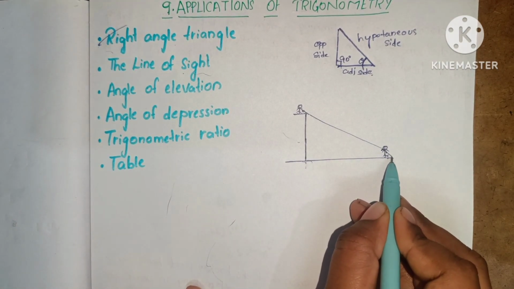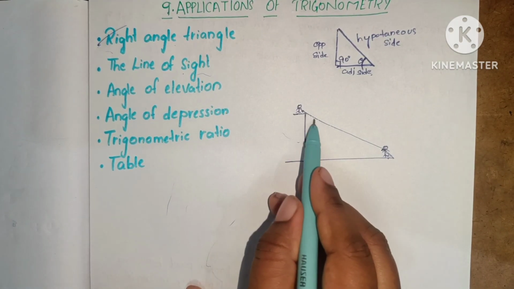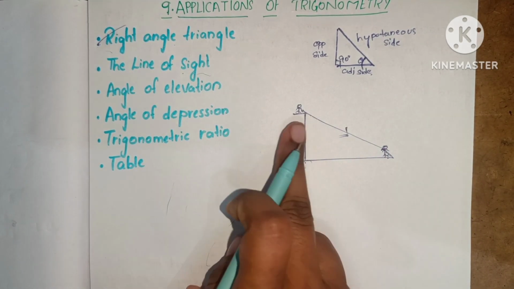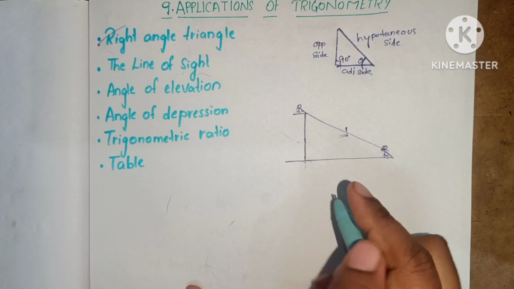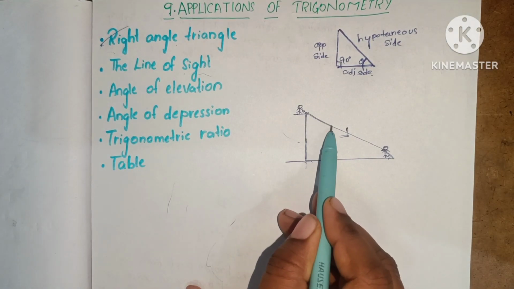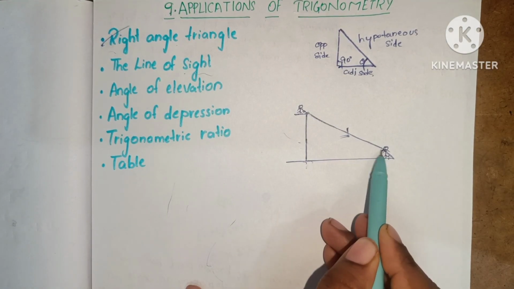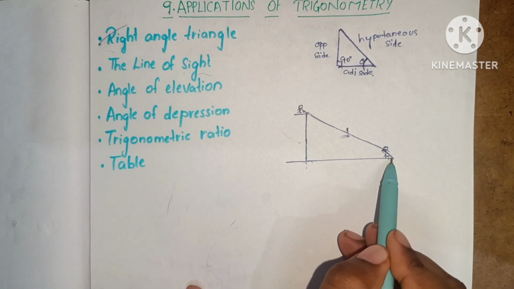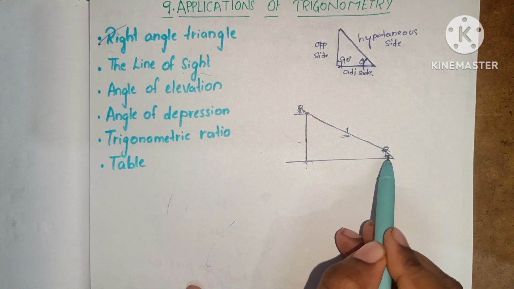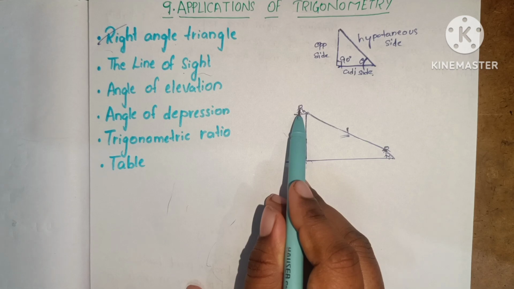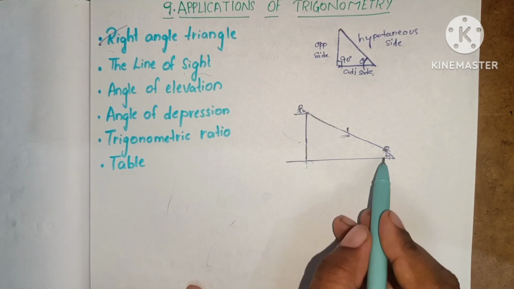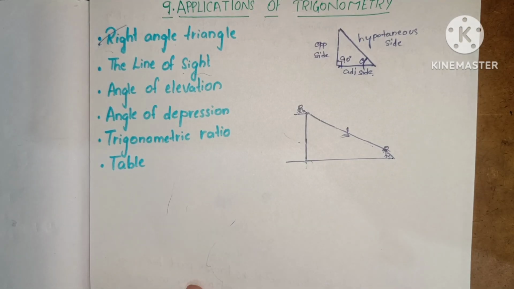So this line is nothing but the line of sight. You are watching down, so one line is created between your eye and the friend who is standing there. That line is the line of sight. He was watching down, so I kept the arrow down.